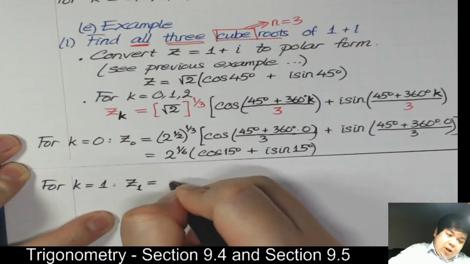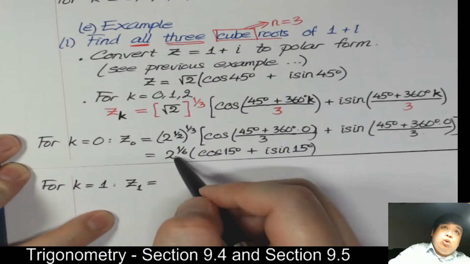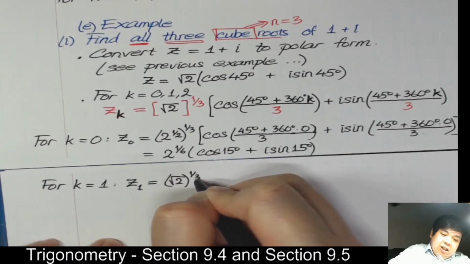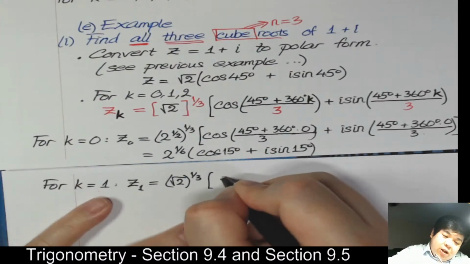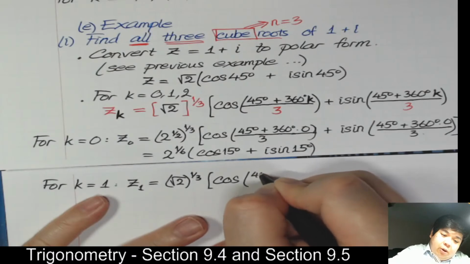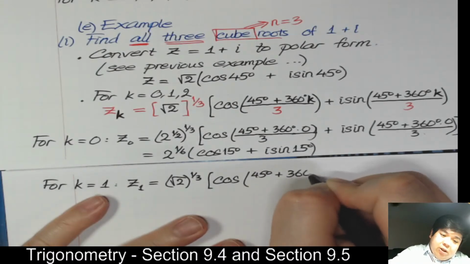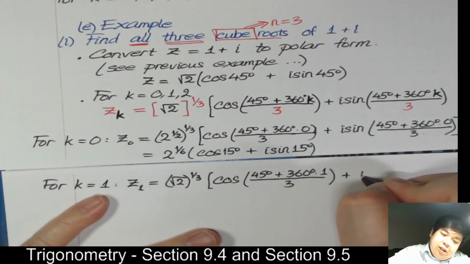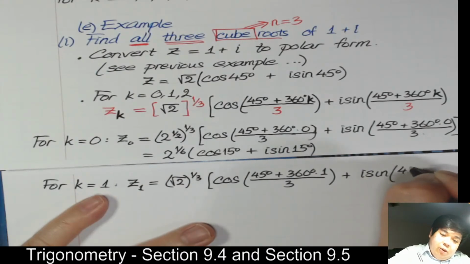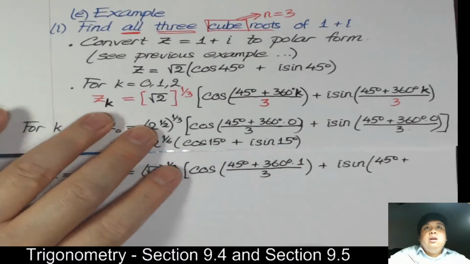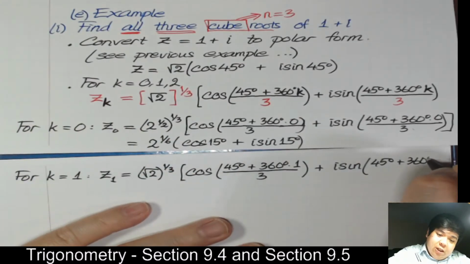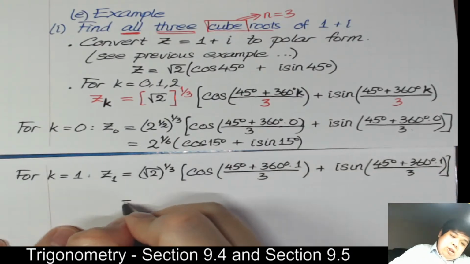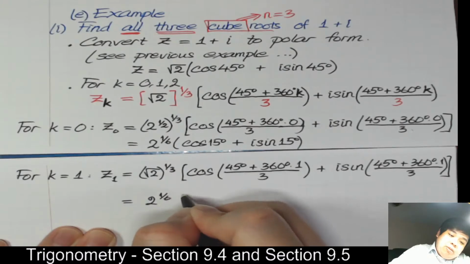Z sub 1 equal to 2 to the 1/6, it will be the same, and then cosine of 45 degrees plus 360 degrees times 1 divided by 3, plus i sine of 45 degrees plus 360 times 1 divided by 3. So we already did this 2 to the 1/6.